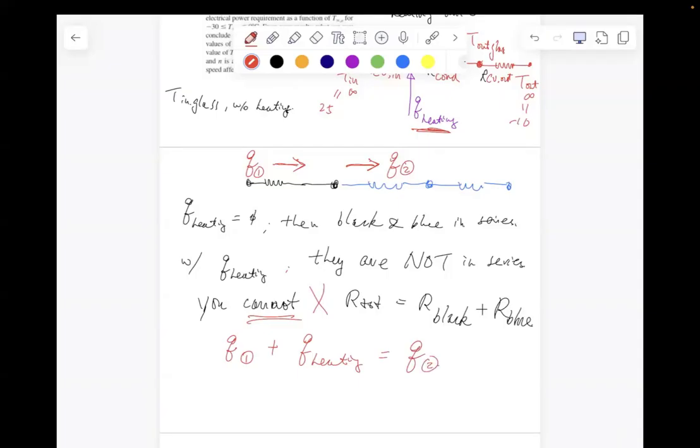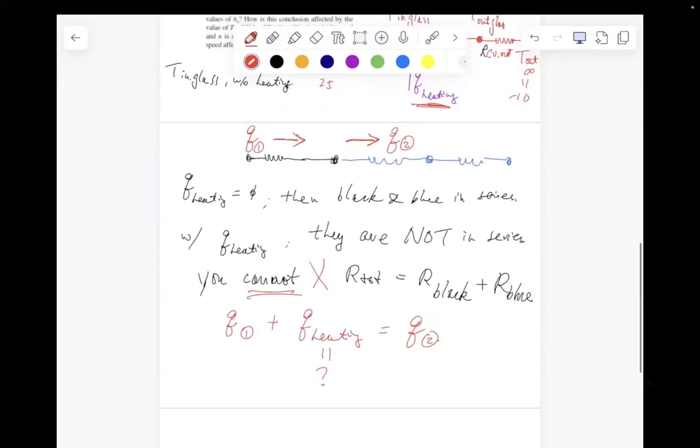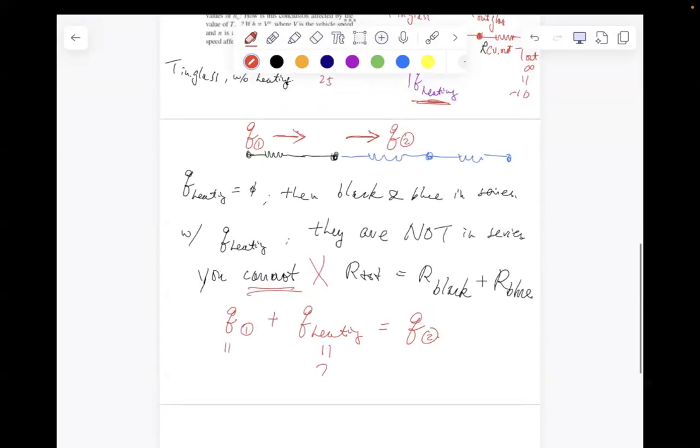And then decompose that: the Q heating is what the question asks you for. And then Q1, you can calculate it because it is delta T over R1, right?